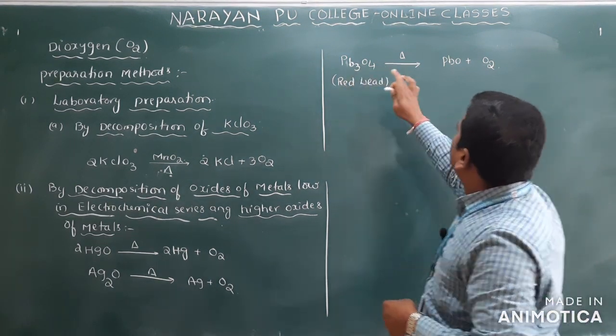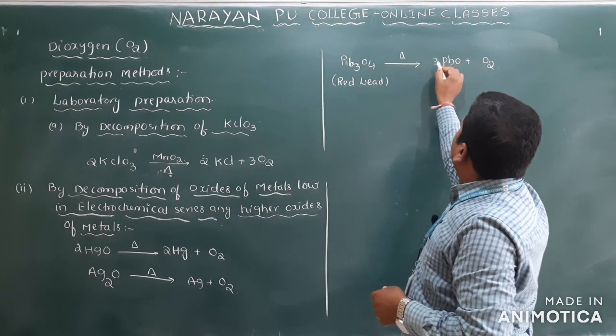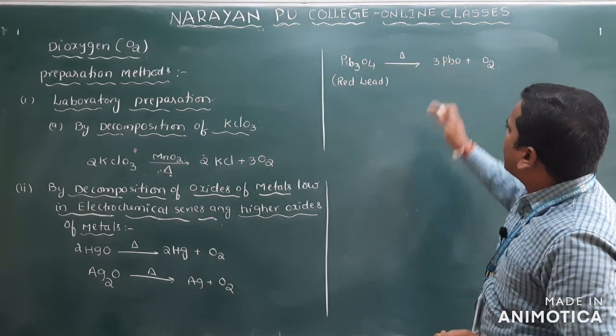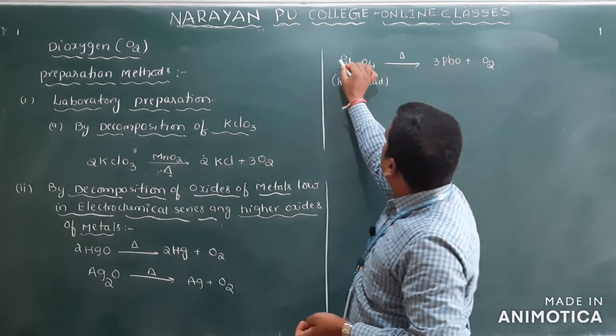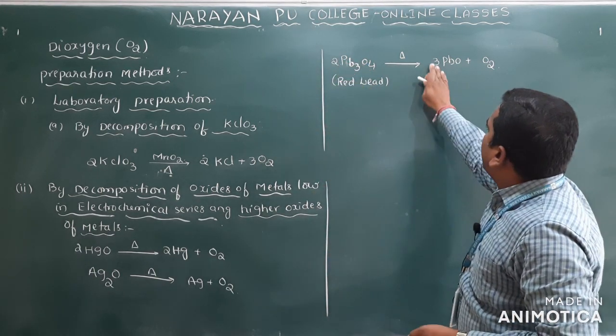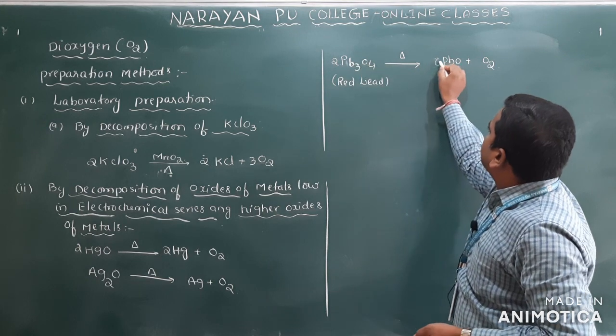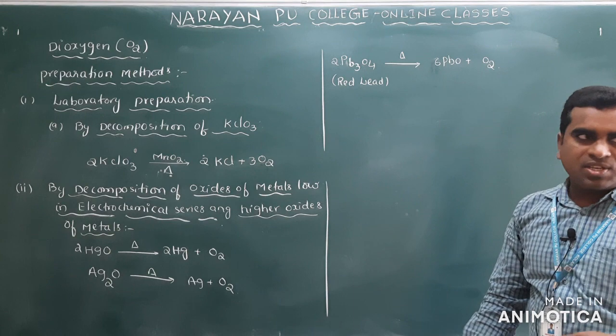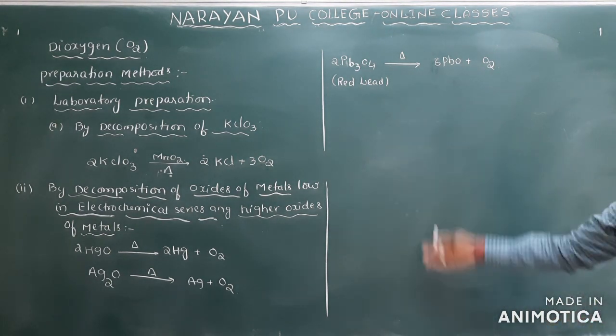How many Pb atoms are there? Here 3 are there, so I will multiply this one with 3. But the oxygen atoms are not balanced, so I will multiply this one with 2. Then 6 will come here, and 2 into 4 is 8, and 6 plus 2 is 8 oxygens. Clear? You will get lead oxide plus oxygen.